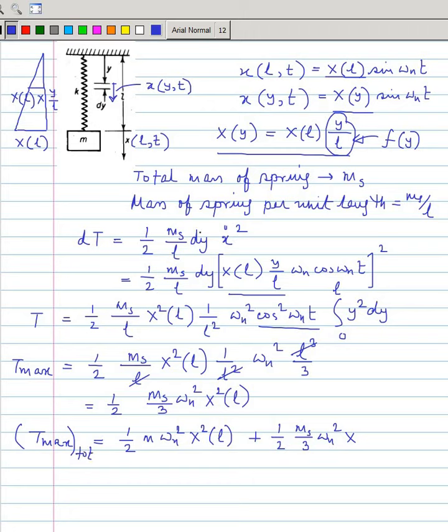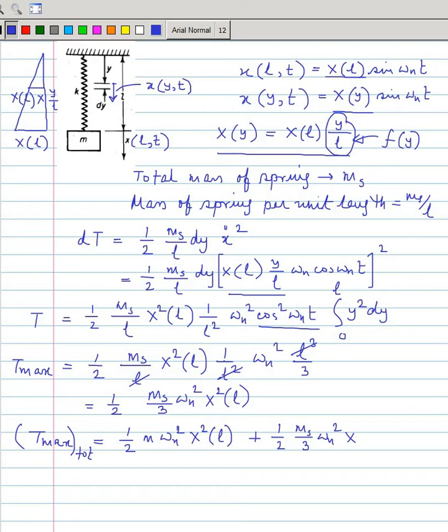So this is half m x dot squared, and x dot squared means you have to take capital X_L ωn cos ωn t, differentiating this.